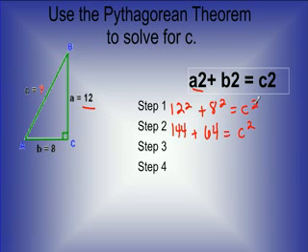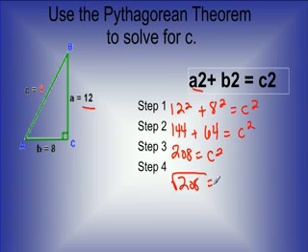Now we're doing 144 plus 64, which is 208. And now we need to do the square root of 208. Okay, so let's take the square root of 208, which equals 14.42.